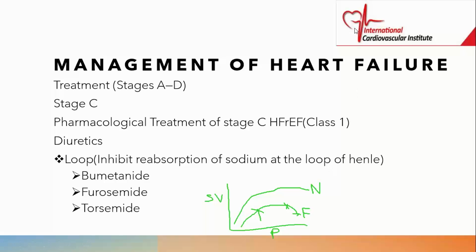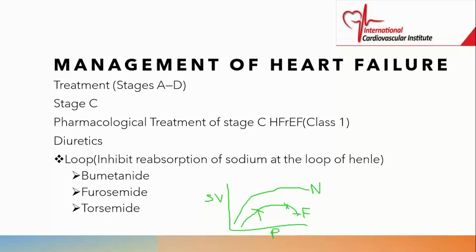We will recap what the tubules look like shortly, but the loop diuretics are our mainstay in terms of treating acute heart failure. We also use them for chronic heart failure, but they are more potent than the thiazide diuretics. So the loop diuretics include bumetanide, furosemide, and torsemide.